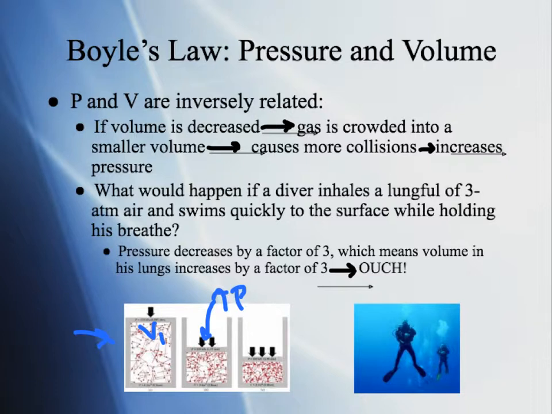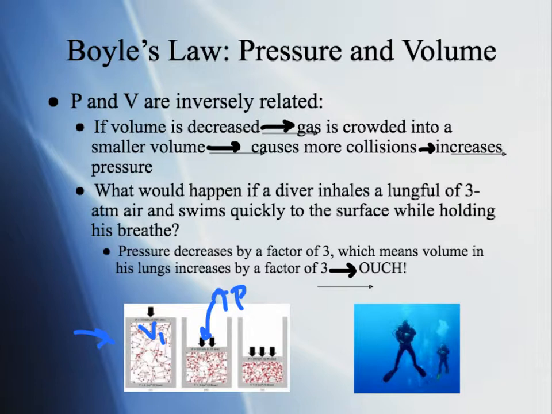Now, if we take a look at the inside of the container, at this decreased volume, the gas is basically crowded into a smaller space. So what that means is that you're going to get more collisions. And more collisions means an increase in pressure. So the pressure on the inside of the container is going to increase when you decrease the volume.